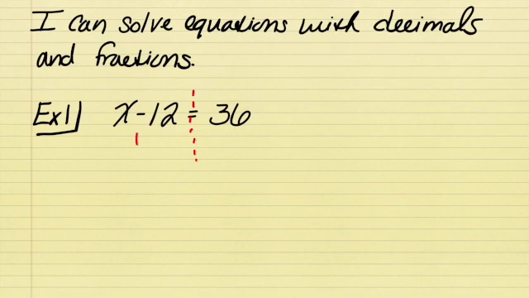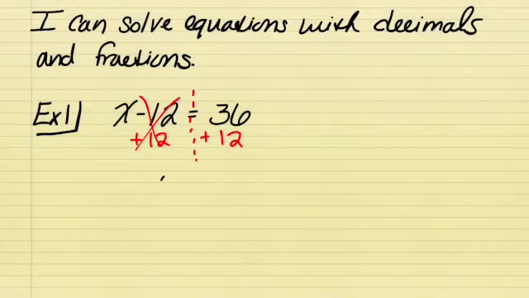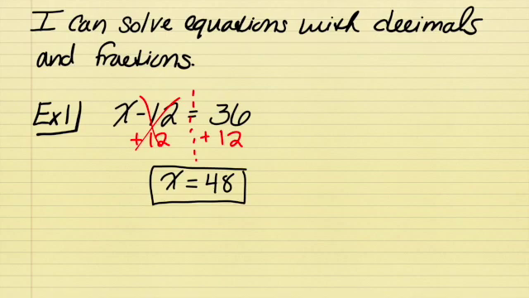They're subtracting, so I'm going to add. They use 12, so I'm going to use 12. I'm going to copy what I just wrote on the other side of the wall. My minus 12 and plus 12 cancel out. So I'm left with my letter x, my equal sign, and then this math problem, 36 plus 12, which is 48. So x equals 48.